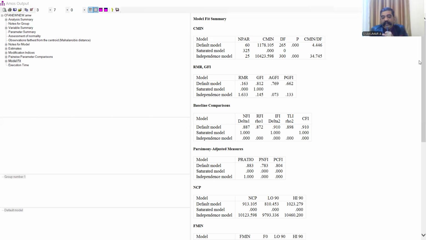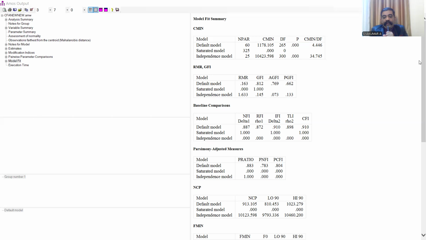Here you can see the GFI value is 0.812. The standard: if the value is greater than 0.90, it is good. If the value is equal to or greater than 0.95, it is excellent. Our value is near 0.9, so the GFI value is good.